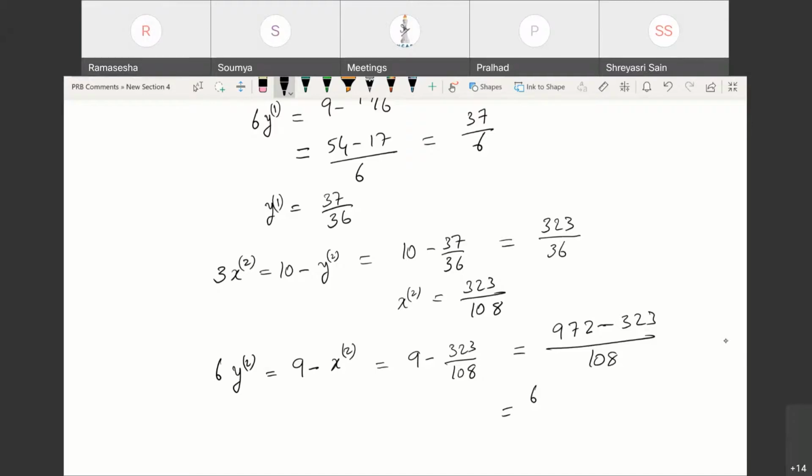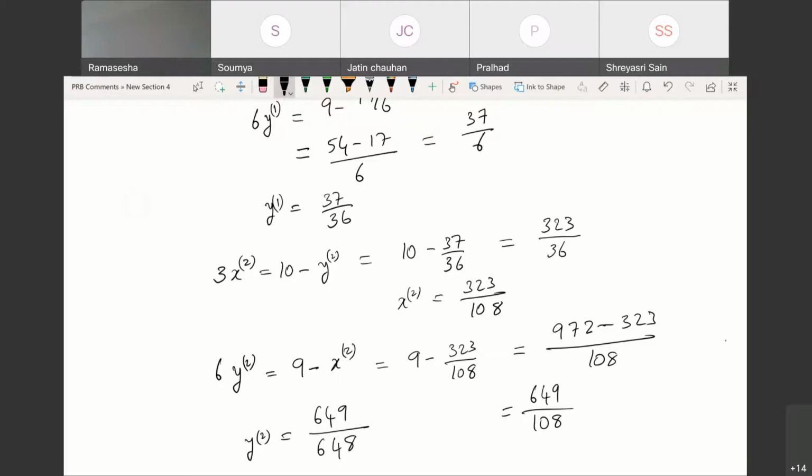Yes or no? What is y2 equal to? You must learn to do arithmetic a little bit faster. 649 by 648.